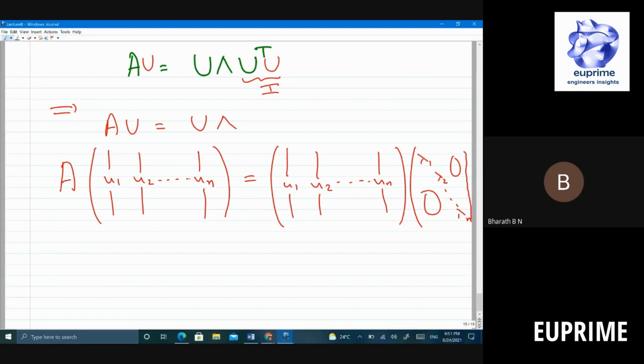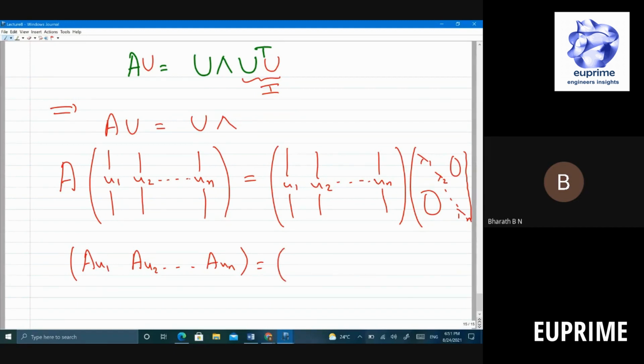What is the first column of the left hand side matrix? AU1. What is the second column? AU2, and so on. What is the last column? AUN. Very clear.